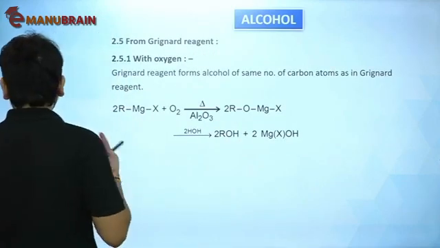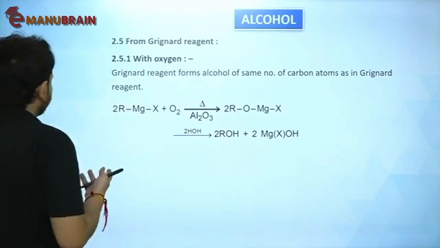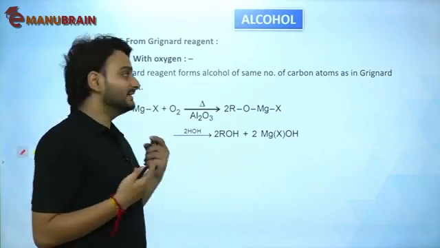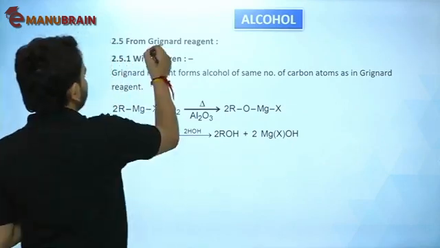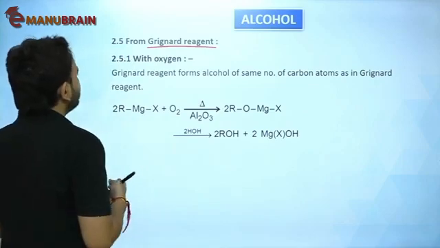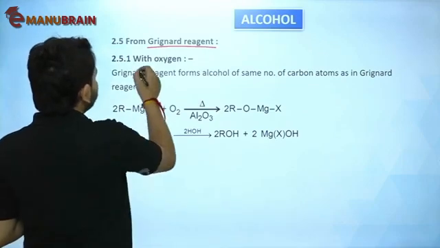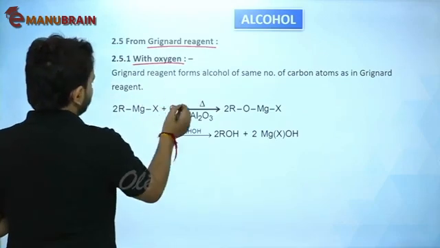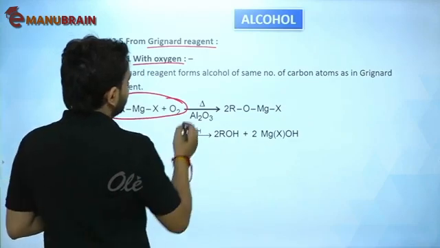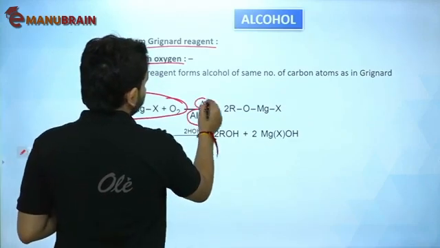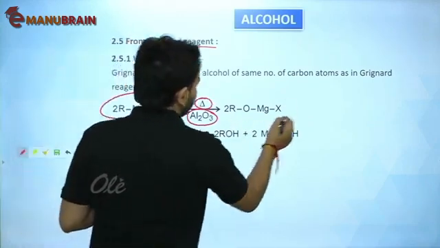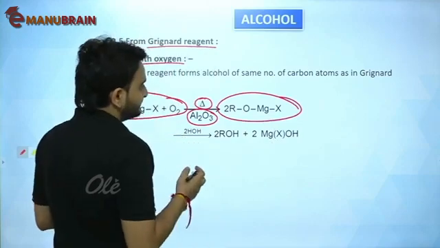Next is using the Grignard reagent. Grignard reagent we've already seen in many places, a very widely used reagent. When you treat this Grignard reagent with oxygen in the presence of aluminium oxide and you heat it, first of all this complex will be formed, ROMgX.